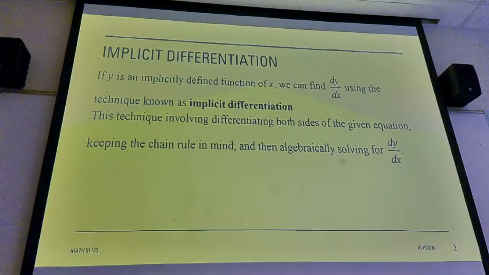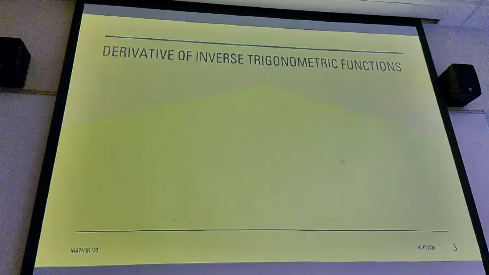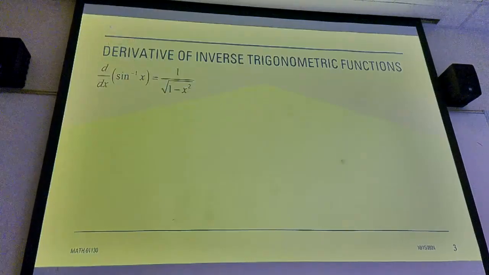And this is the method that I use to derive the inverse trigonometric derivatives. So remember, there are 6 of them. The derivative of the inverse sine function: 1 over the square root of 1 minus x squared.